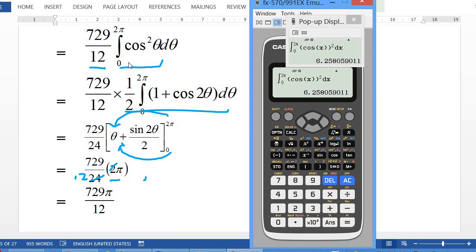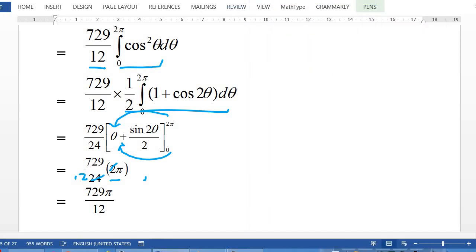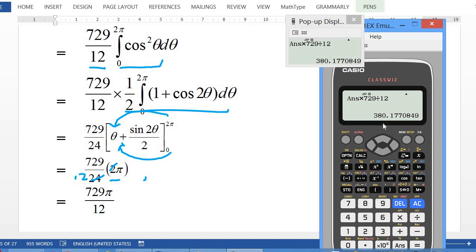And then if you multiply by 729 divided by 12, you get the answer 380.177. Okay, we check it.